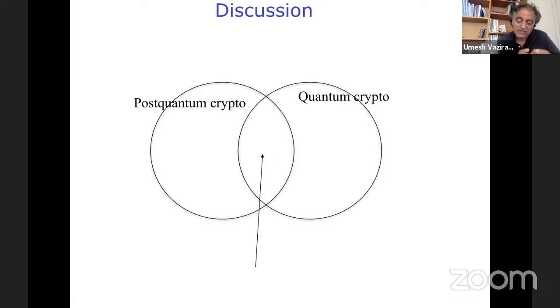There's been a sequence of not just the results that I've spoken about having to do with verification of quantum systems, but also a lot of associated results having to do with trying to create quantum primitives like oblivious transfer using quantum communication and entanglement and so on.